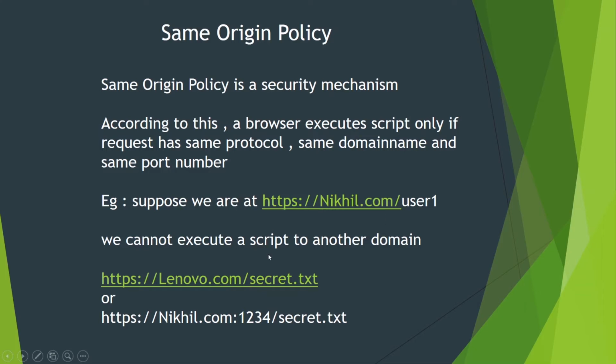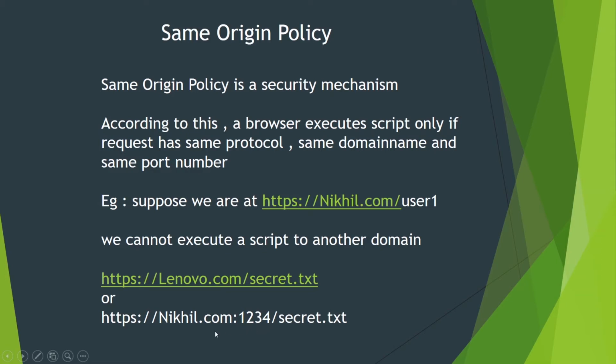Then this script will not be executed by the browser because the protocol is the same, https, but the domain name is different, lenovo.com and nikhil.com. So the difference in the domain will be identified by the browser, and that script regarding the request for lenovo.com will be discarded.